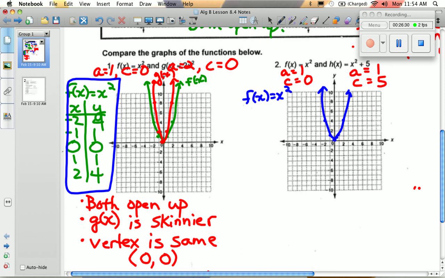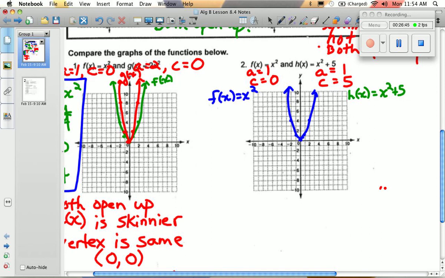But we do need one for our h of x. So we have h of x equals x squared plus 5. We need x, y. Is our vertex going to be 0, 0 this time? What do we say is going to happen? It's going to move up 5.